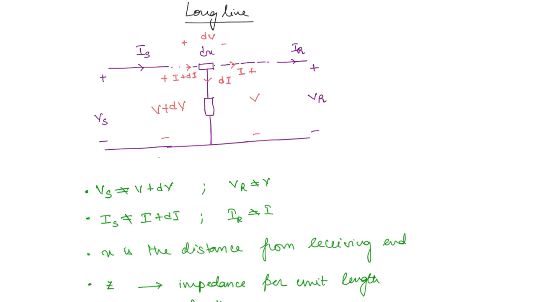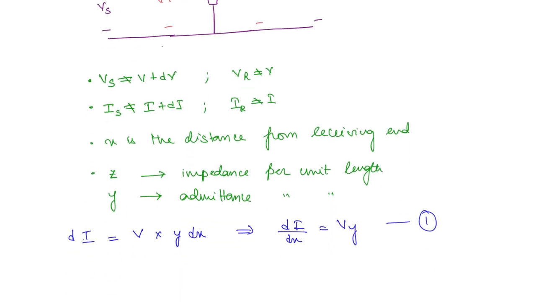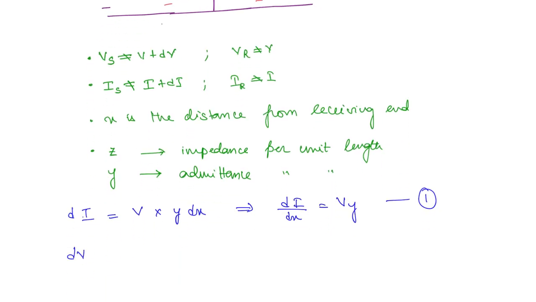So we can assume I because dI is very small in comparison, okay. So dV is going to be I into z dx, okay. So from here you can write dV by dx is equal to I into z. This is the second equation.